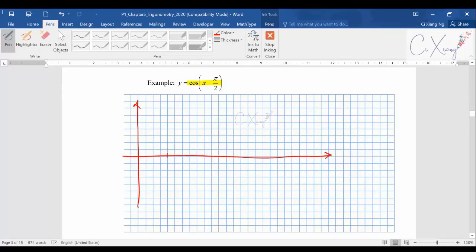I will make 4 units as 90 degrees, so this one is pi over 2, then pi, 3 pi over 2, and then 2 pi.